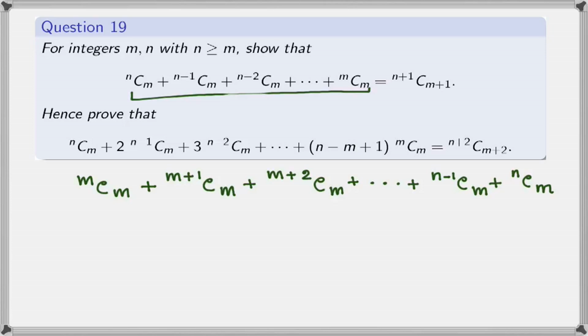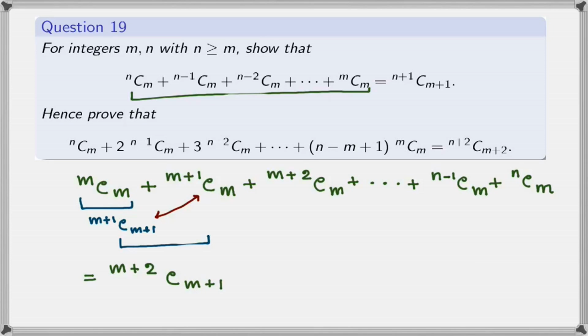Now note that we can write mCm as (m plus 1)C(m plus 1). Therefore, from these two terms we get (m plus 2)C(m plus 1), and then the next term is (m plus 2)Cm.